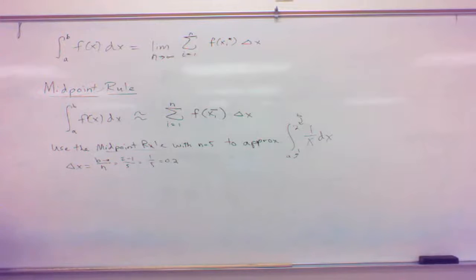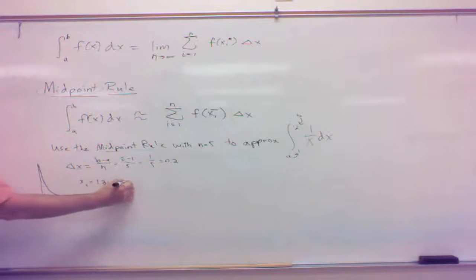So the integral I'm estimating here, 1 over x, looks like this. I'm going from 1 to 2, and I'm dividing that into 5 pieces. So what's my x1 here? Well, x1, the first right endpoint, would be 1 plus delta x, 1.2.